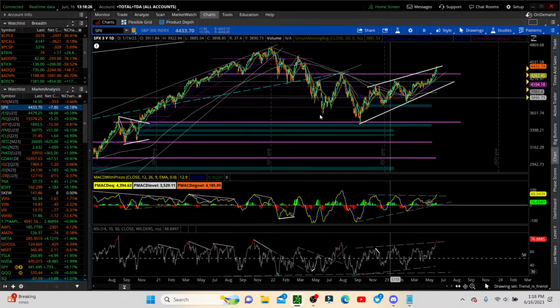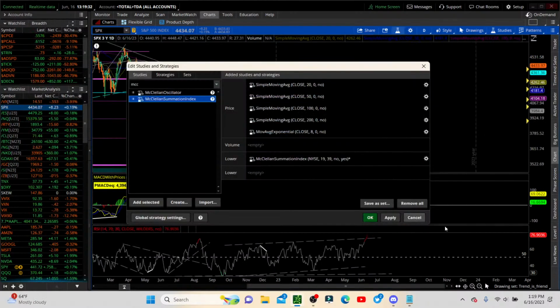I'm not worried about the oscillator right now. The summation index is a product put together of multiple oscillators. The McClellan oscillators put together as an indicator in itself. So it's kind of like a moving average of those.